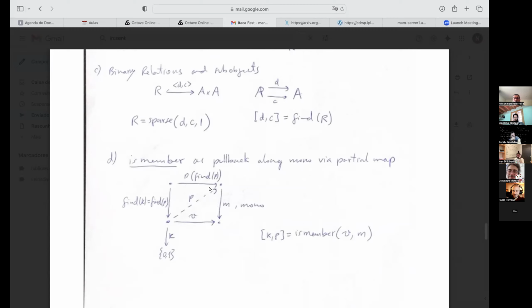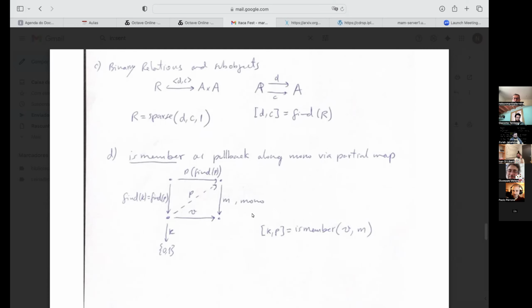From this partial map, we find its associated span. This is just the find of p, which is the same as find of q, and p of find p, which is the set where it is defined, gives precisely the inverse image of G by M, and this is a pullback.